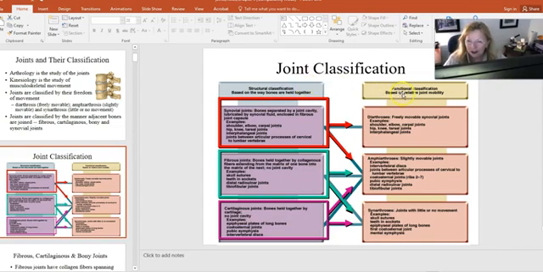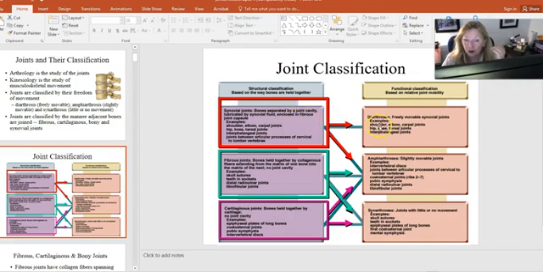Anatomy always is going to help us with physiology, isn't it? So we could look at some of these and see how this classification actually holds together. So let's first look at some of these basic structural classifications, starting with the ones that have a little bit less movement, and then working our way to the more complex joints that are the synovial joints.